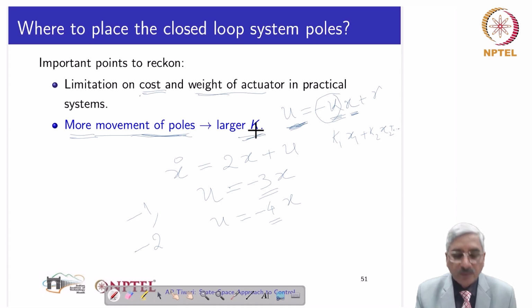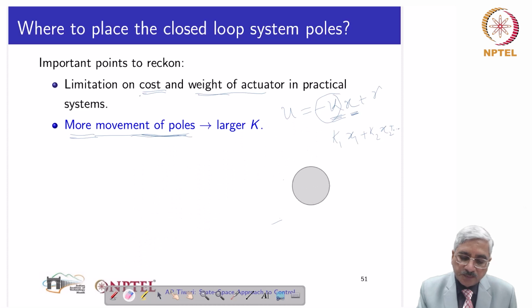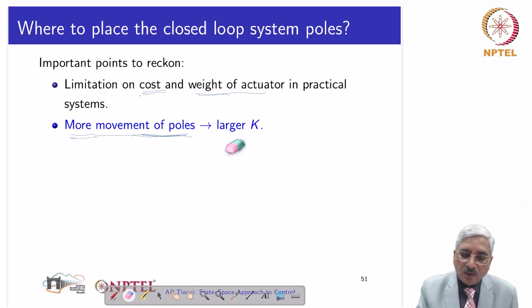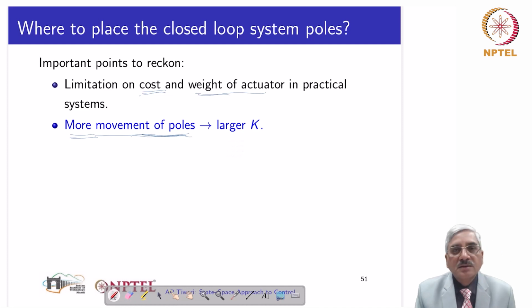Also, those who are familiar with root locus will recall that for k equal to 0, the poles are at the open loop locations, and as k increases, the poles move away and away from the original locations. So if we choose a design in which the poles have to be moved much further from their respective open loop locations, then larger and larger k will be required.